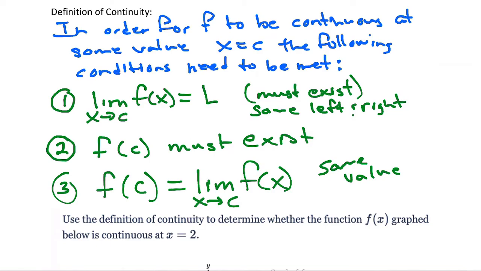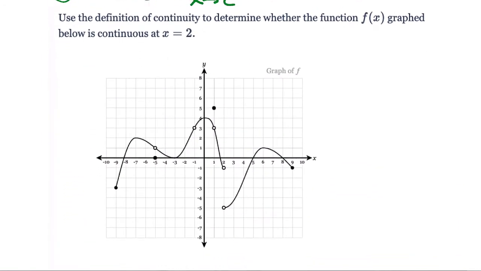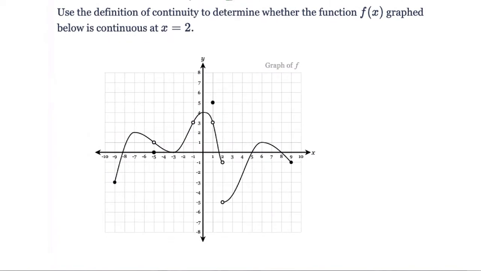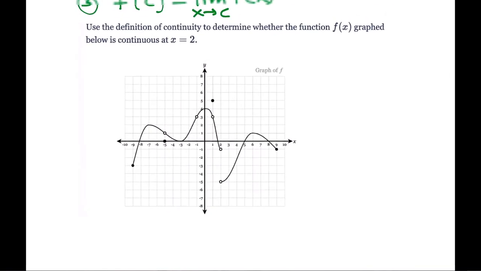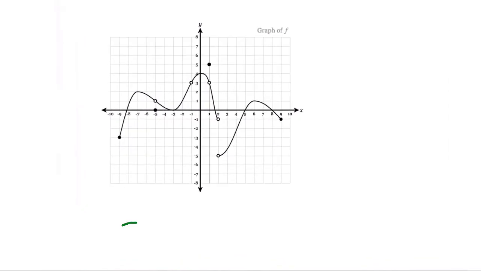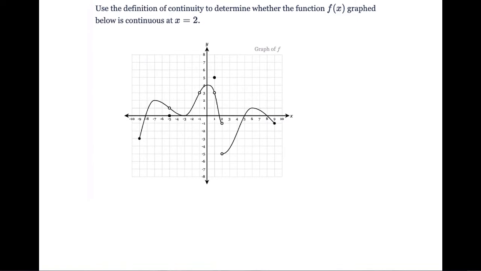So let's look at a problem. Use the definition of continuity to determine whether the function f of x graphed below is continuous at x equals 2.